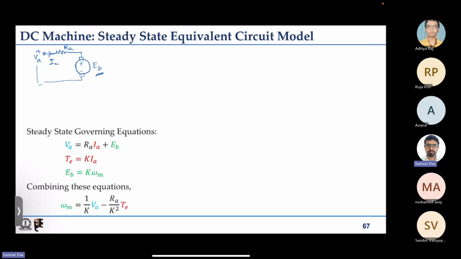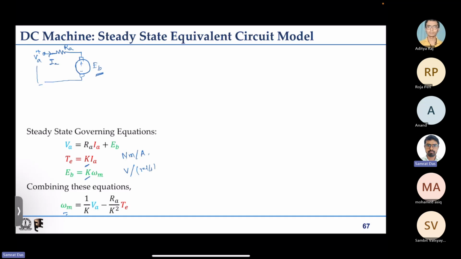If you combine these equations, omega m equals 1 by k into Va minus Ra by k square into Te. The torque constant and the back EMF constant come out numerically the same, only the units are different: one is Newton meter per ampere and the other is volt per radian per second.